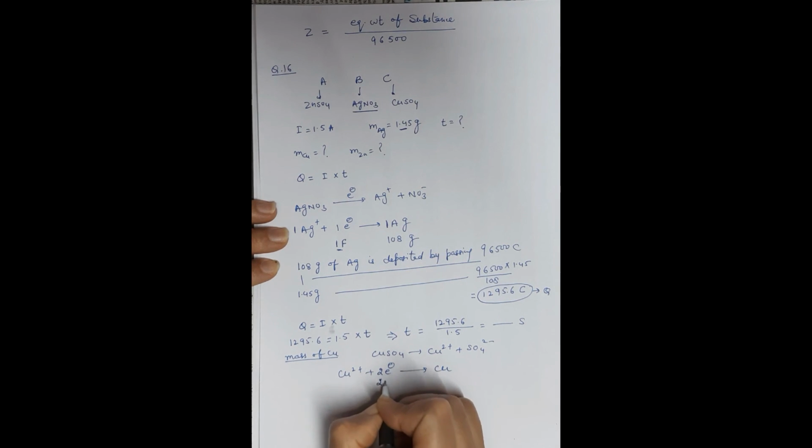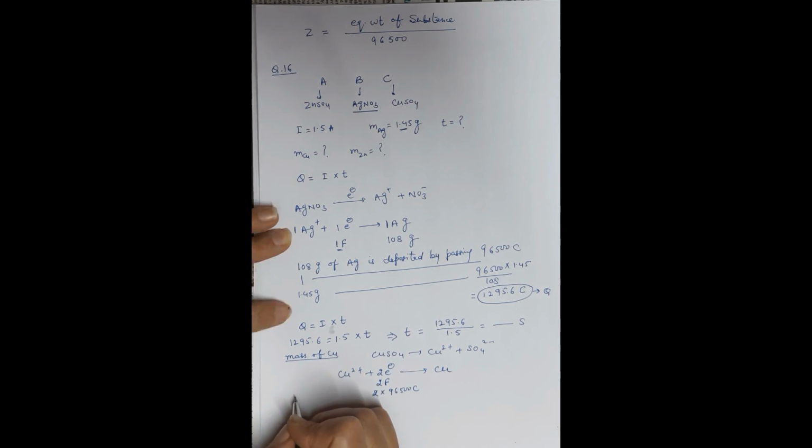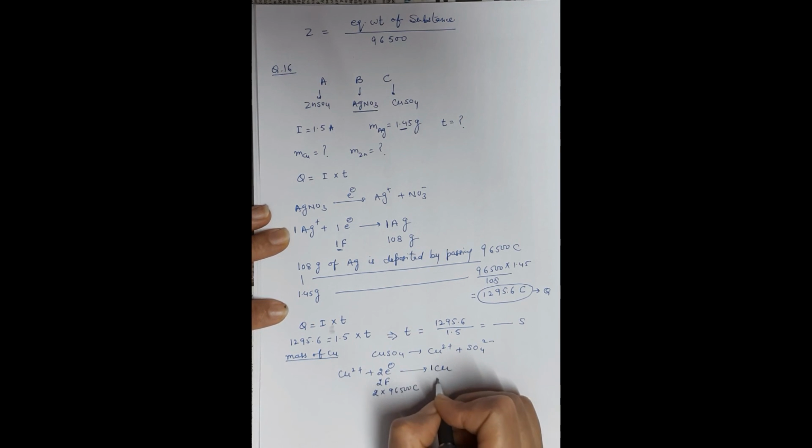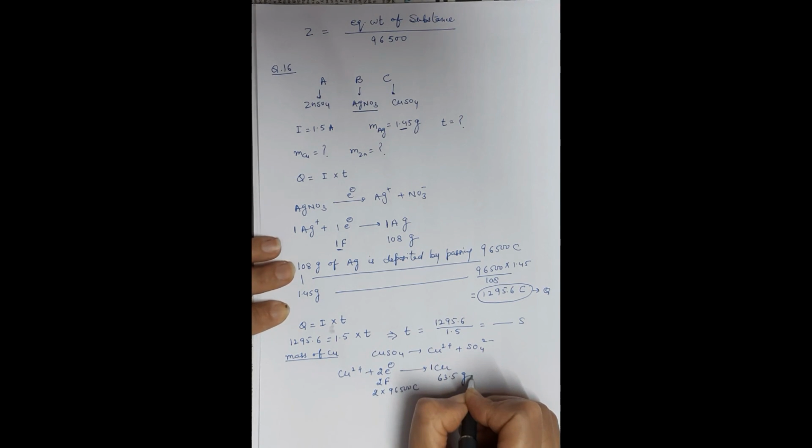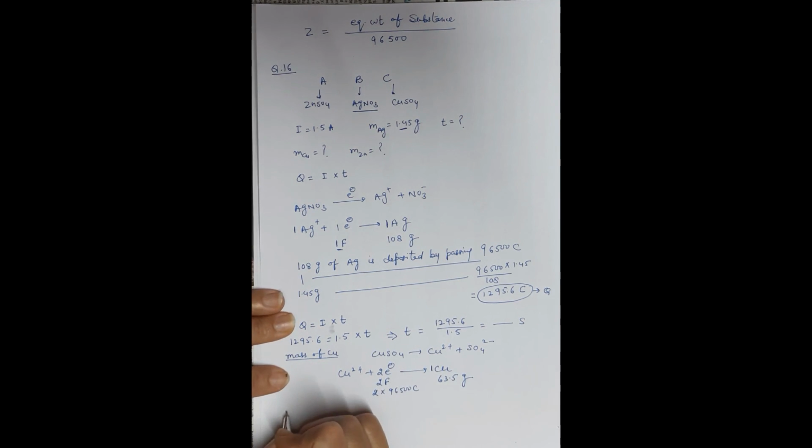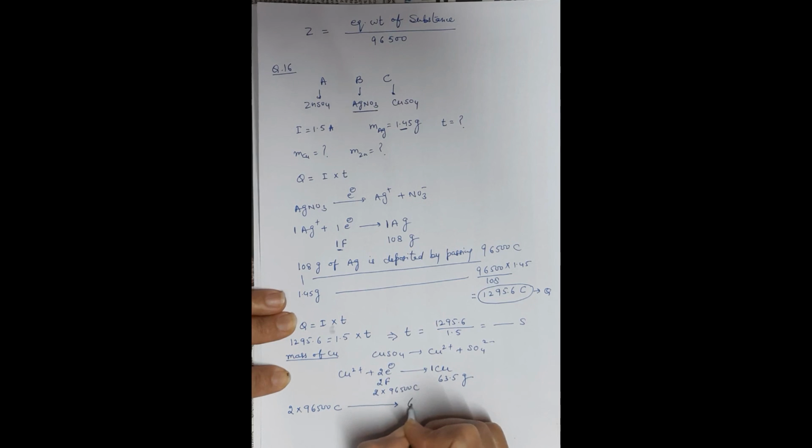So 2 Faraday of charge is passed, which is 2 into 96500 coulombs. And the amount of copper deposited is 1 mole, and its mass is 63.5 grams. So when you pass 2 into 96500 coulomb, the mass of copper deposited is 63.5 gram.